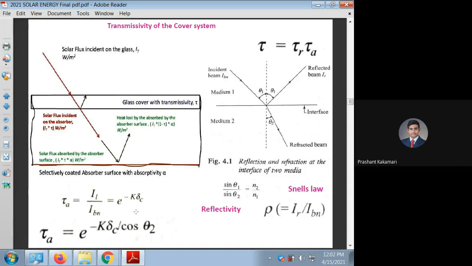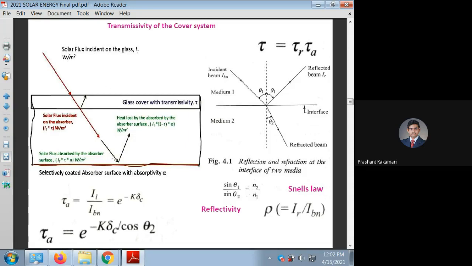If you know the extinction constant K, given per meter, then it is given by e raised to minus K into delta C. Here in this formula, delta C is the thickness of the glass cover. If n number of glass covers are there, you can multiply K by n. This is if the radiation is falling normally, at zero, when the sun is at zenith.